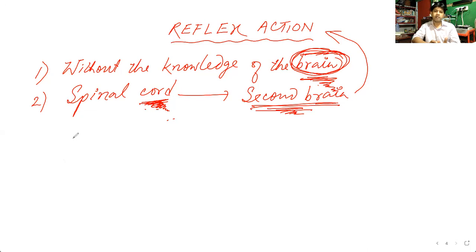Then you lose your balance and you are going to fall. When you are going to fall, your hands will go forward and prevent your face or your head from getting a direct strike on the hard objects.